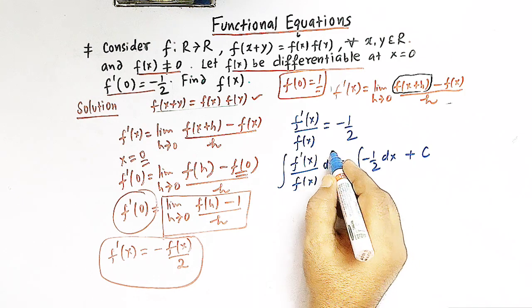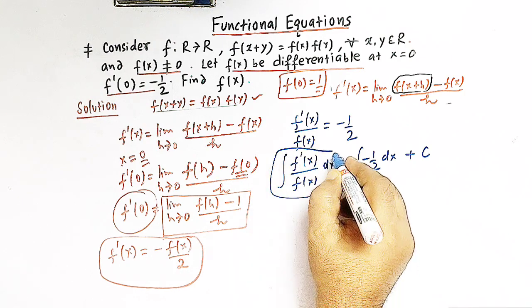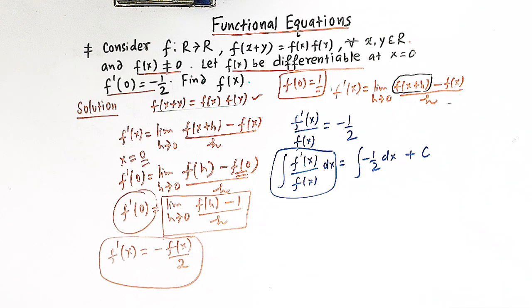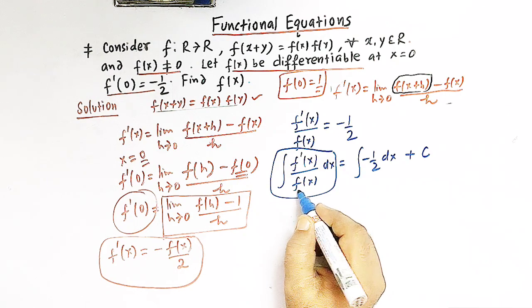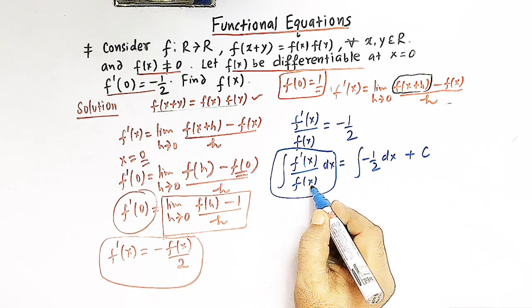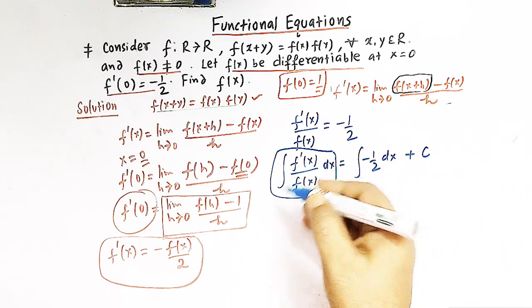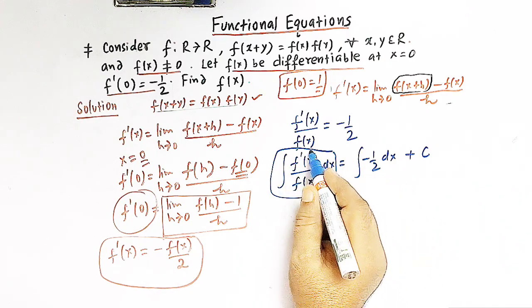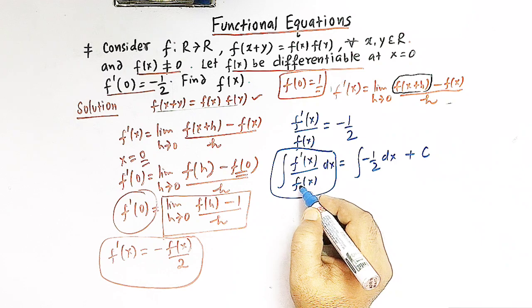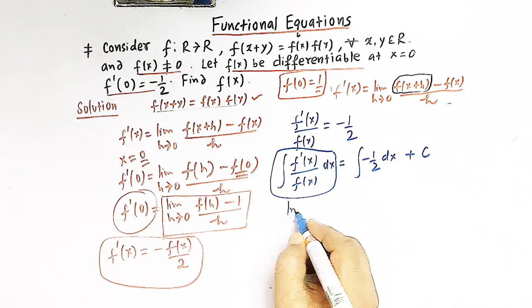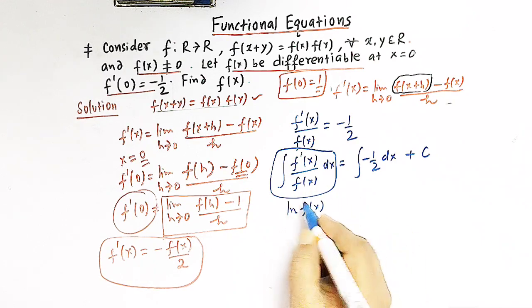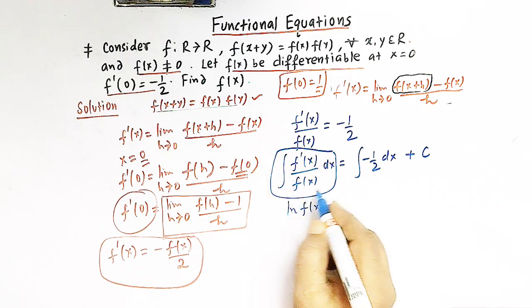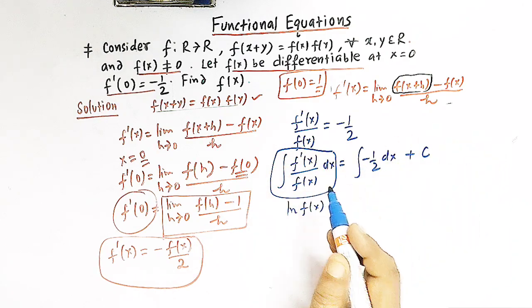Now see, this is a special form in indefinite integrals. When we have in the denominator a function f of x and its derivative exists in the numerator, then the integral of f prime of x over f of x is simply given by log of f of x, right? So this is a well-known form in indefinite integrals.